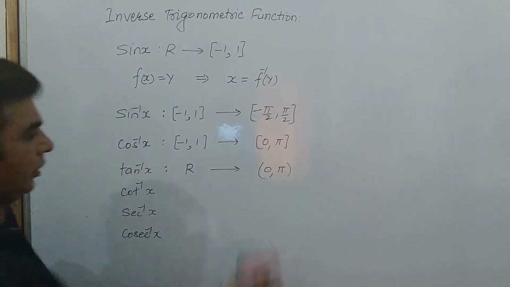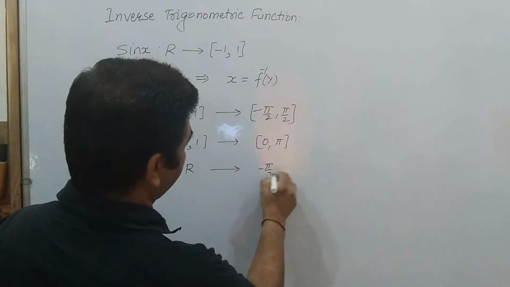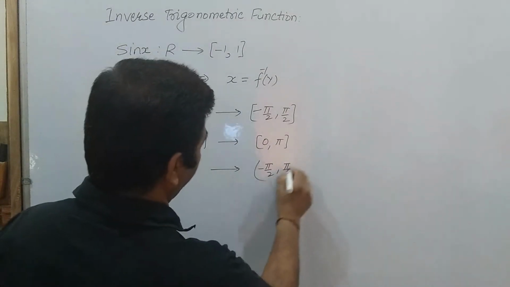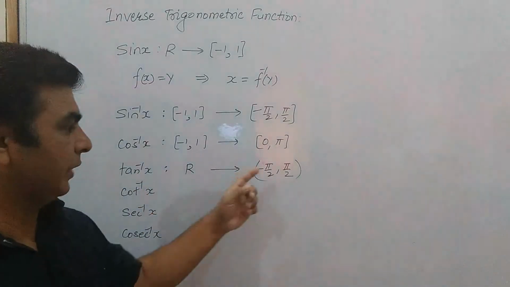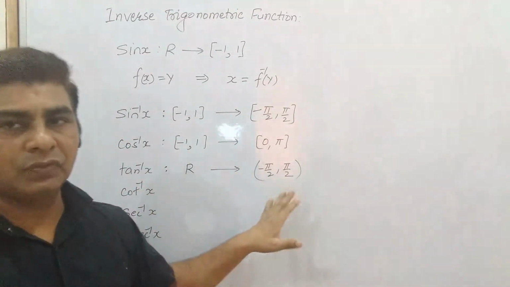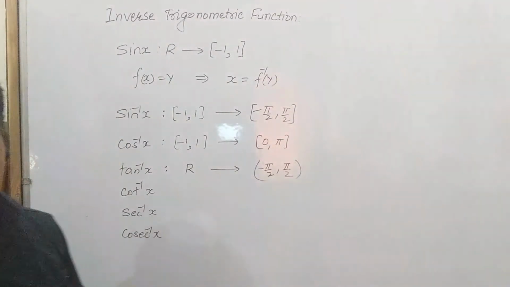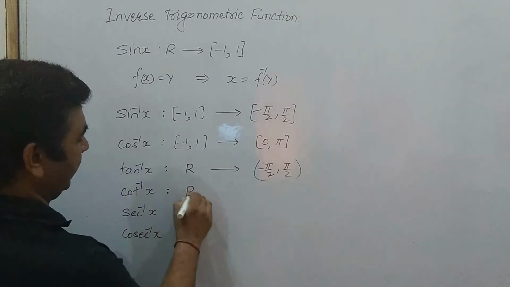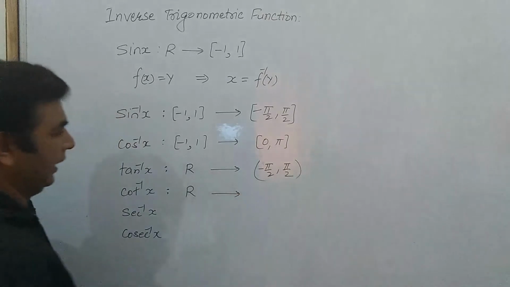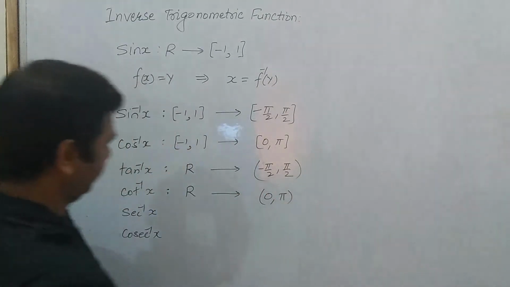Oh sorry, this will be -90 to +90, but in an open interval. The range of this inverse trigonometric function lies between -90 to +90, but -90 and +90 will not be included. For the next one, cot inverse x, in a similar way, the domain is all real numbers and the range will lie between 0 to 180 but in an open interval.